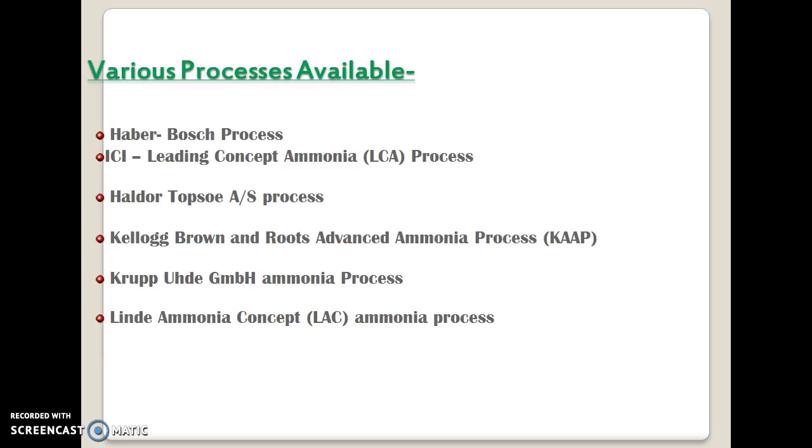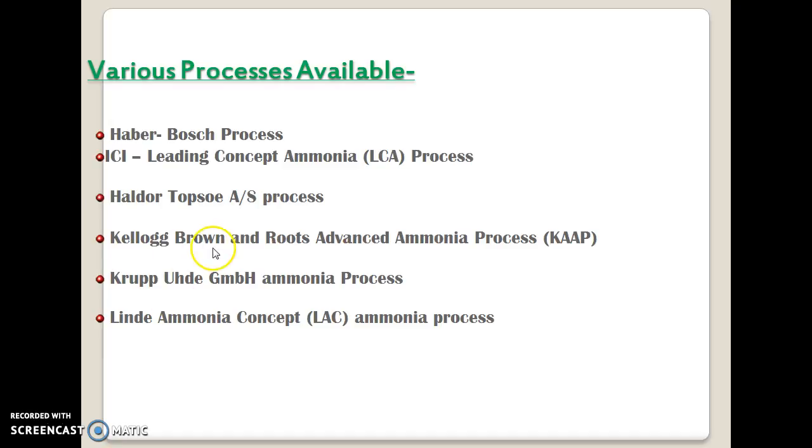Because nitrogen is an inert gas, a very stable molecule, if you want to react it you need high pressure and temperature conditions. It operates at a pressure of around 250 bar, whereas the temperature is around 400 to 500 degrees centigrade.